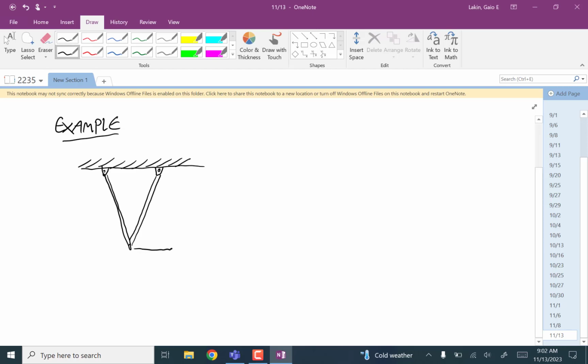So let's have a structure like this. Let's say that's 500 newtons. At the midpoint of this one, let's apply a force of 1,000 newtons.